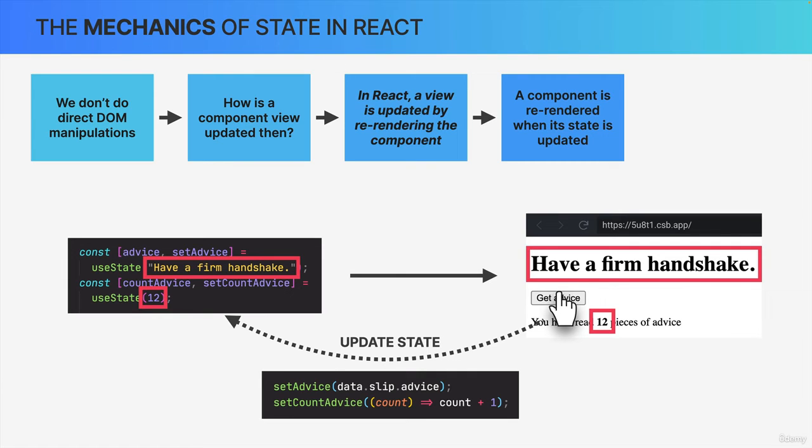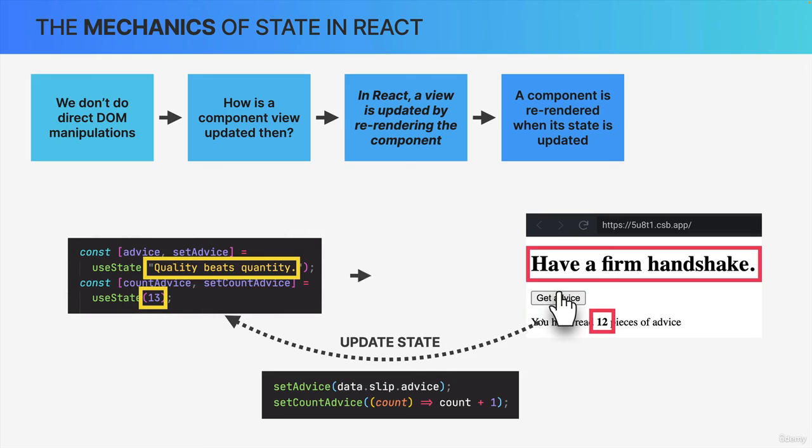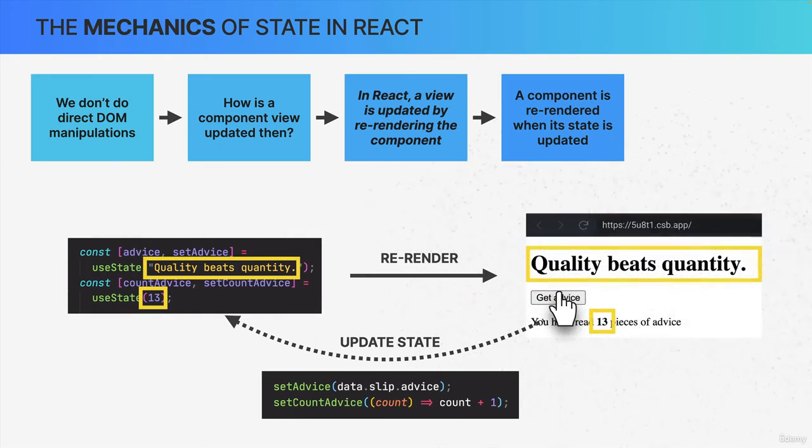So let's imagine that the new advice is "quality beats quantity." React will notice this state change and re-render the component. So it will remove the old one and display a new updated component view on the screen. And with this, I hope that the mechanics of state in React are now really clear to you.